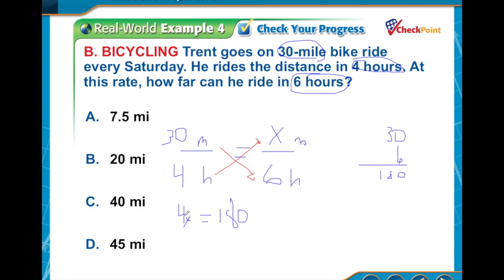This is multiplication. We need x alone. So to get that alone, we need to divide both sides by 4. The 4's go away, and we get x equals 180 divided by 4, which is 45. And the units for this is miles. M is miles.